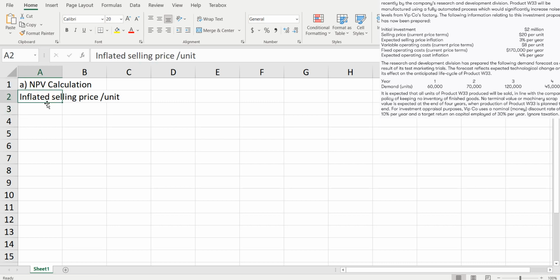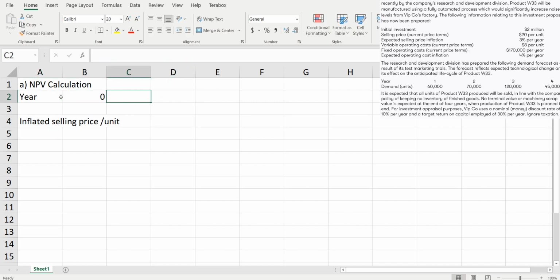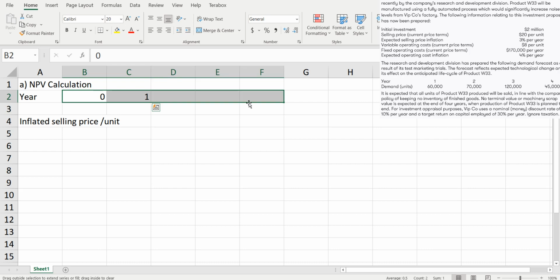Also, we have to do some work. First, let's do the year: 0, 1, up to 4 years. Also, let's check the dollar value.